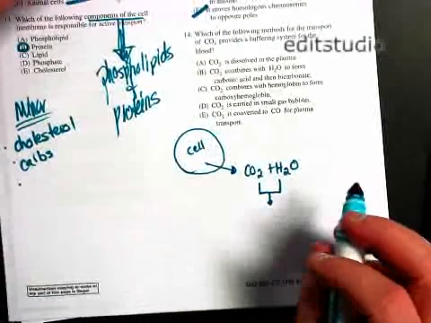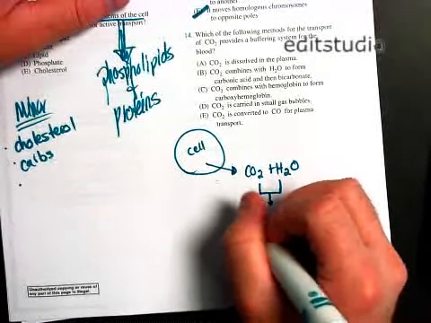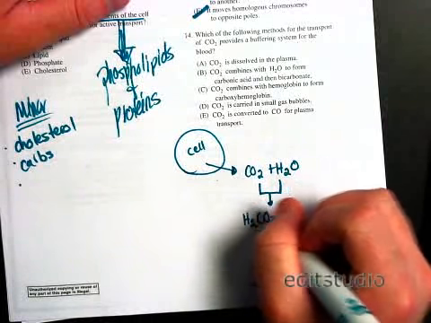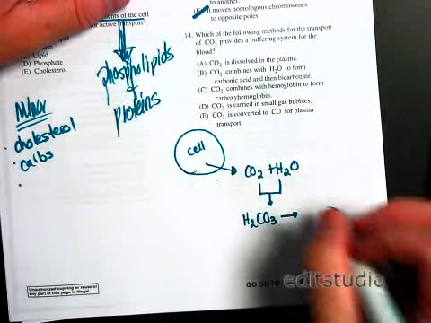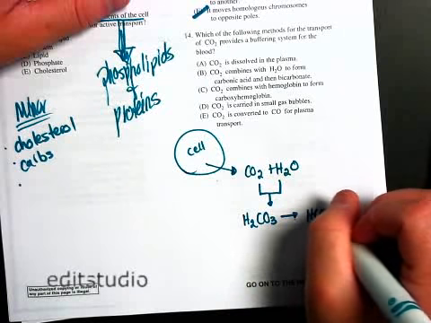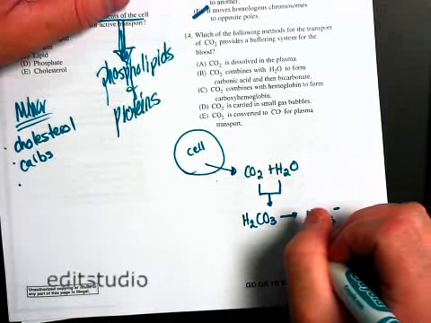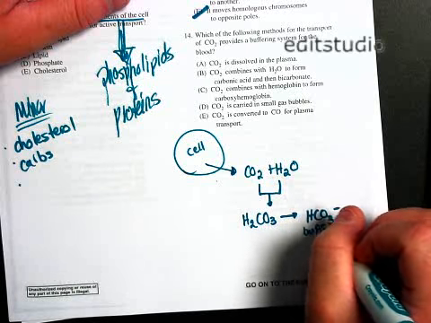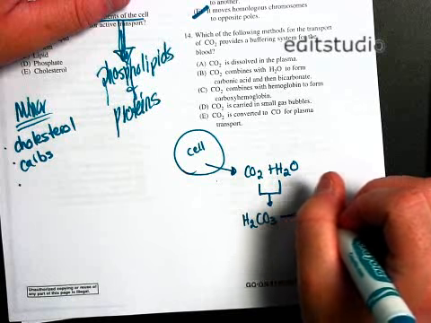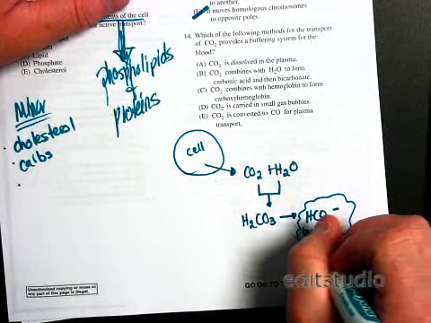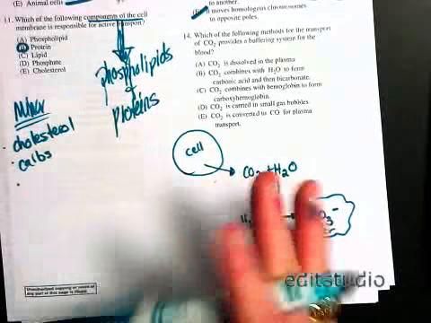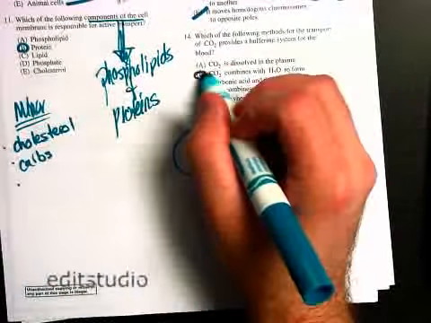What do we produce? Carbonic acid, H2CO3, and what does that produce? Perfect. And that is a buffer that you would find in blood. Which of course is going to be all about B.